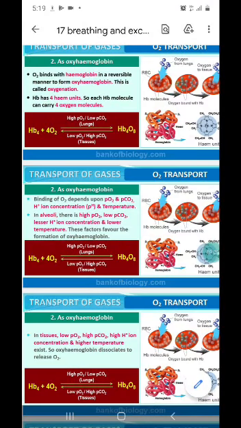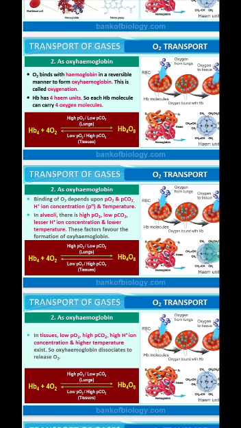I told you how the oxygen enters the blood from the alveoli. At the alveolar level, there is high oxygen partial pressure, and the partial pressure of CO2 is low in the alveoli, because the inhaled air contains more oxygen than carbon dioxide, whereas the blood contains more CO2 and less oxygen, right?